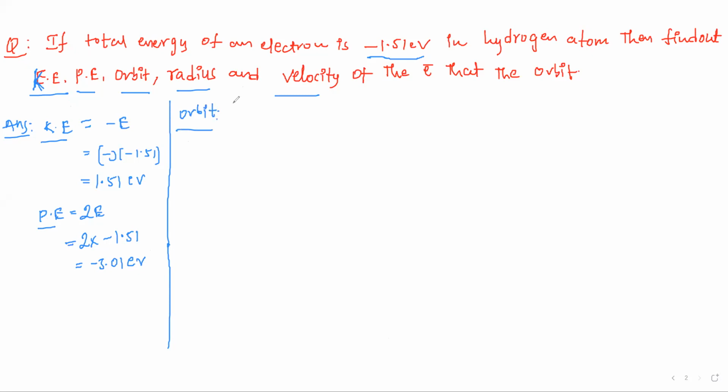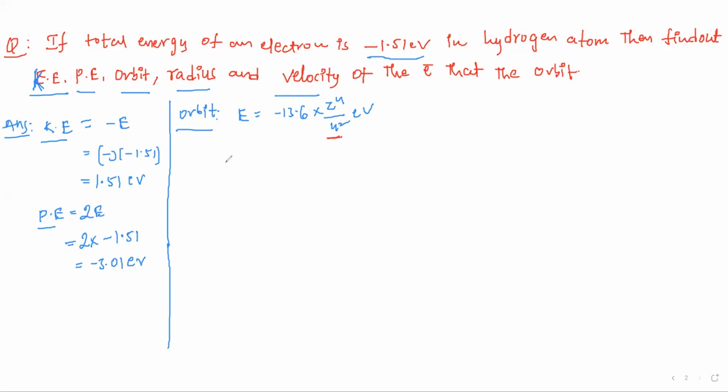To calculate the orbit, the energy of an electron is equal to minus 13.6 into Z square by N square electron volts, right? So the orbit is nothing but this N, which we have to calculate here.